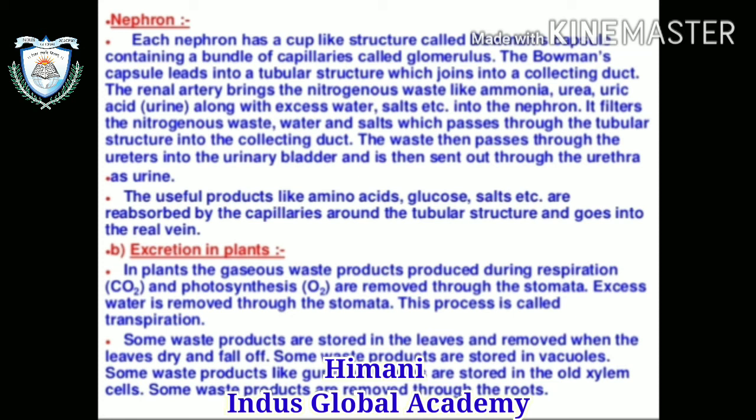And the renal artery, remember that the word renal refers to the kidney, brings the nitrogenous waste like ammonia, urea, uric acid, along with the excess water and salt into the nephron. It filters that nitrogenous waste, water and salt, which pass through the tubular structure and enter into the collecting duct, and the waste then passes through the ureter into the urinary bladder and is then sent out through the urethra as urine.